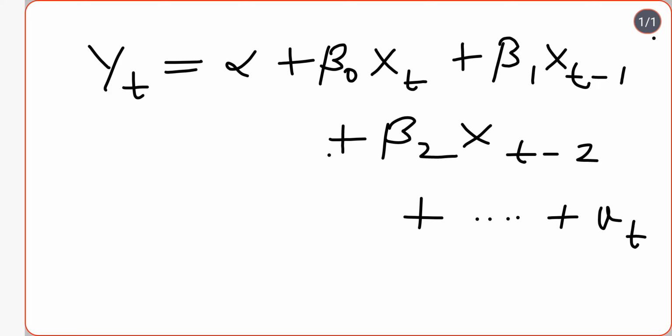That means we don't know how many lags are present in the model. In that type of case, it is very difficult to estimate the beta coefficients, because we don't have any certainty about the lags present in the model, so we don't have any certainty about how many betas we have to estimate.